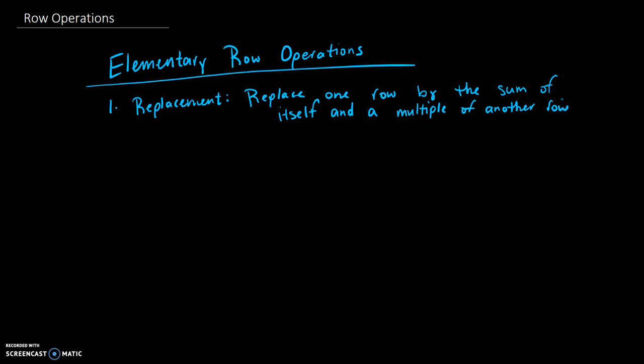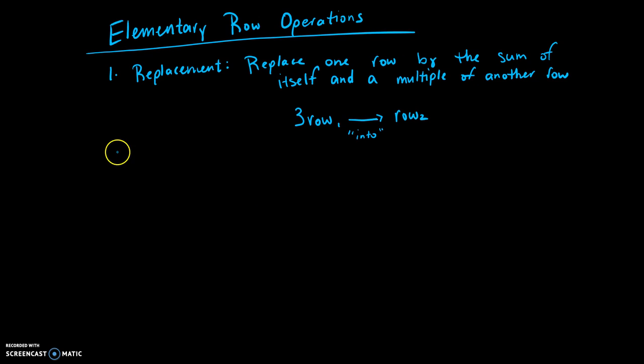And that was, let's say we did 3 times row 1, again, that is into row 2. That's what we're talking about when we mean replacement.